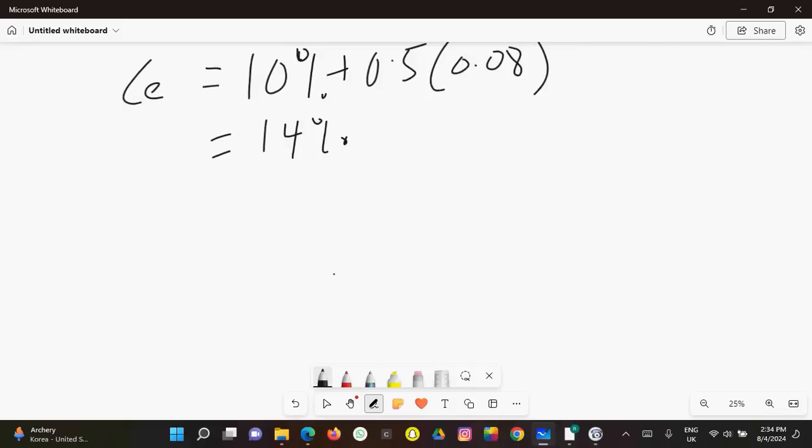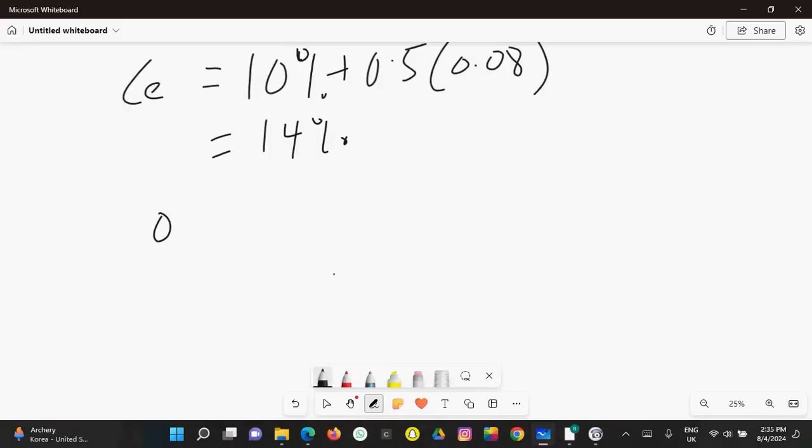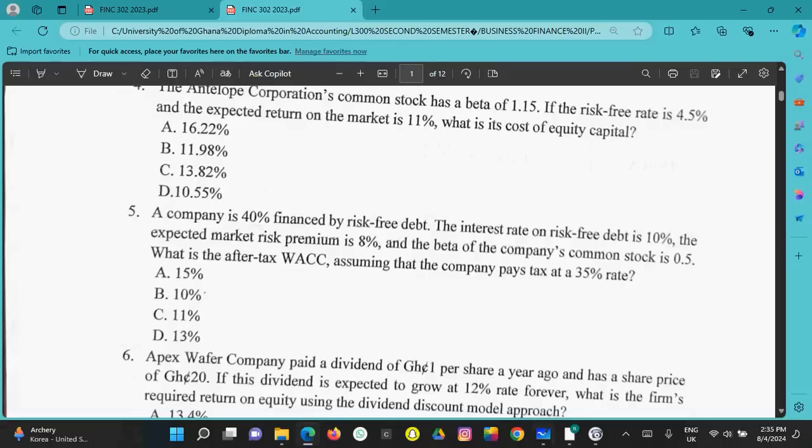So WACC will be the proportion of equity, wait, let me start from. The company is 40% financed by debt. So meaning that if 40% is debt, then 60% is equity, right?